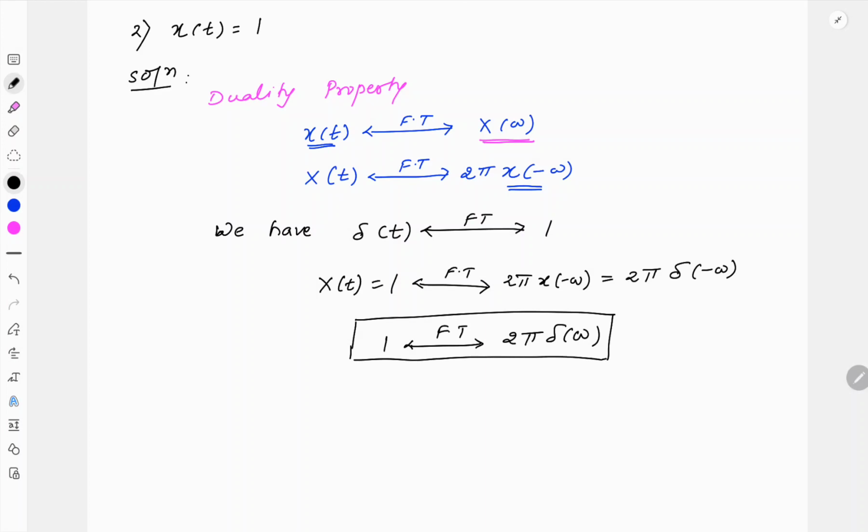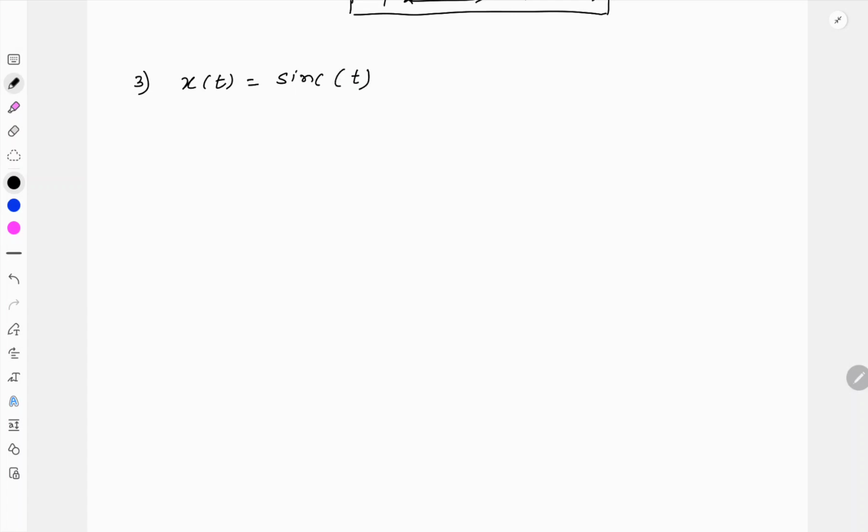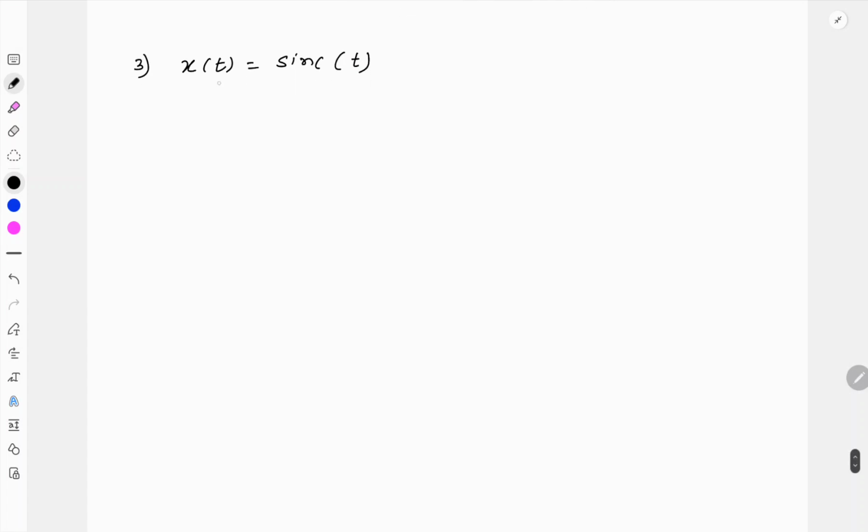So let us see one more very popular example based on the duality property. We need to find out the Fourier transform of the sinc function of t. Remember, to solve this example we are going to make use of the duality property.